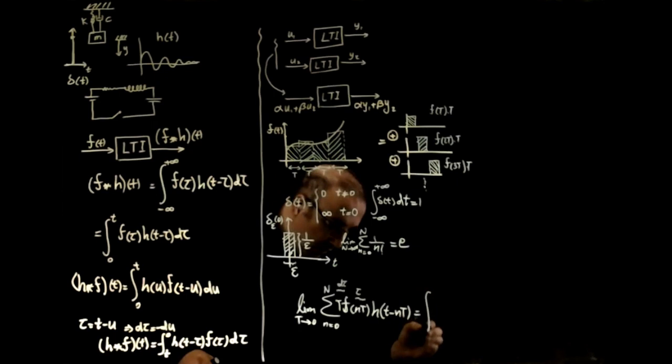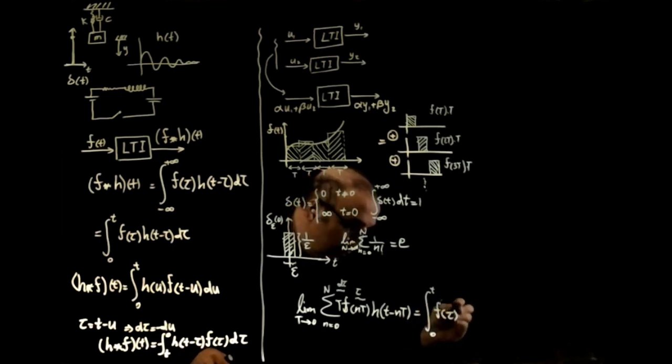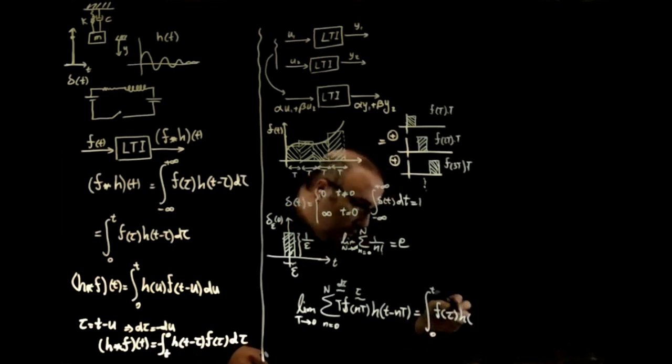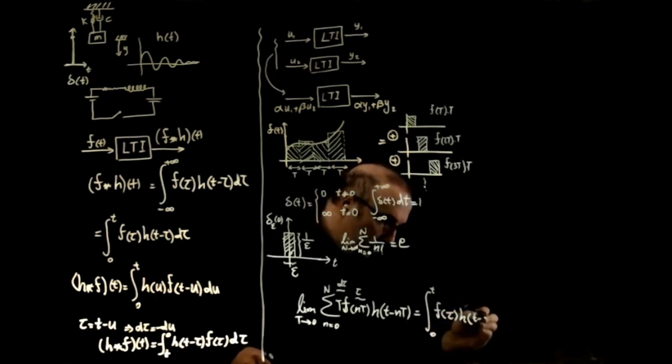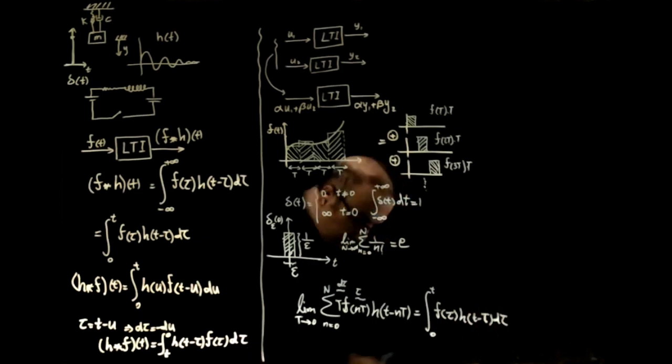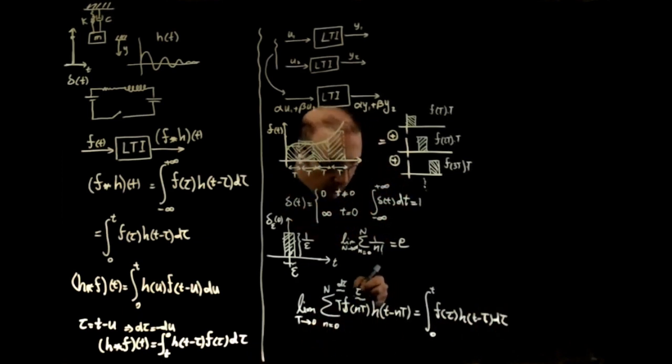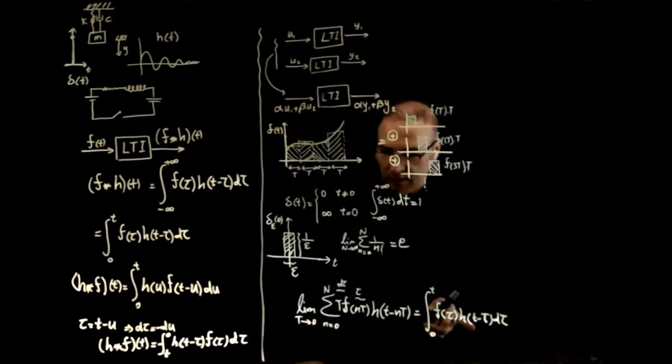We can write it as the integral from 0 to t of f of tau h of t minus tau d tau. And this is that convolution.